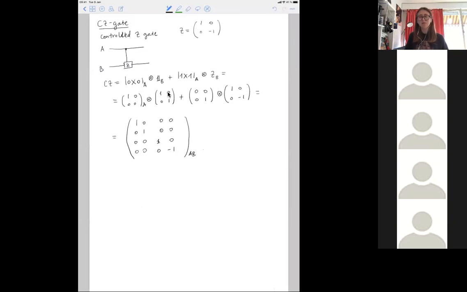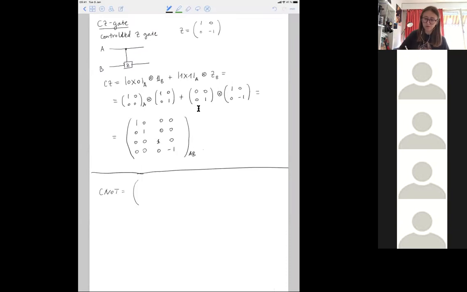Is it clear for everyone how to do the tensor product? Yeah, there is a question. Yes. Yes, I can show how this can be done in terms of the CNOT matrix.